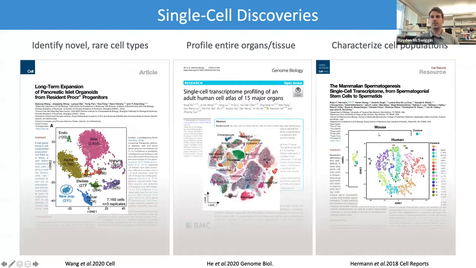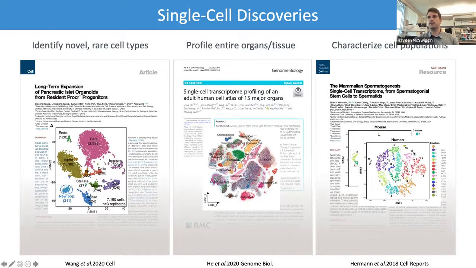The example here in the middle, they used single-cell RNA-seq analysis to profile 15 major organs in the human body. So eventually we'll be able to analyze all different cell and tissue types in the human body and create databases that will have gene expression profiles for every cell in the human body.